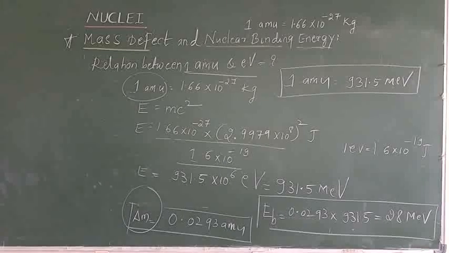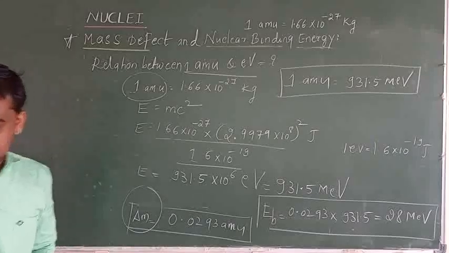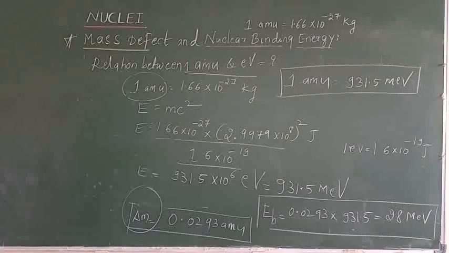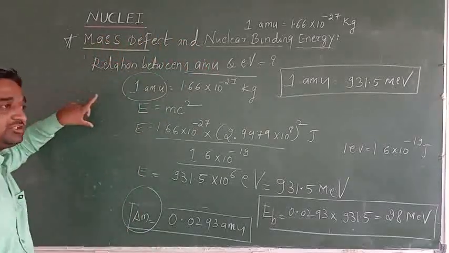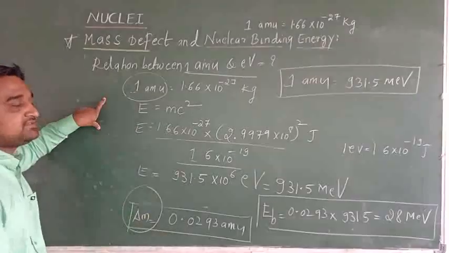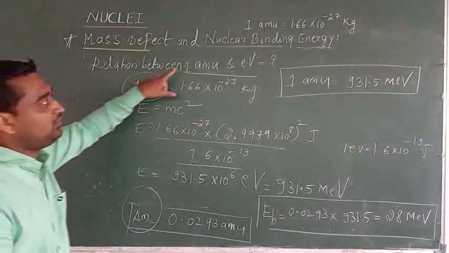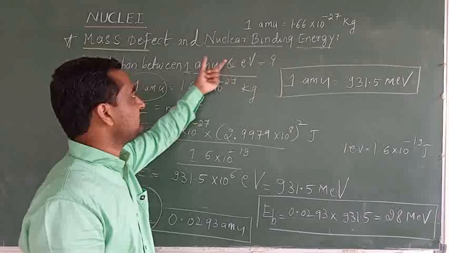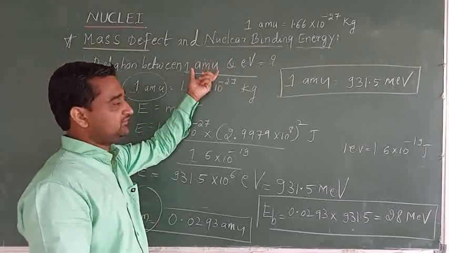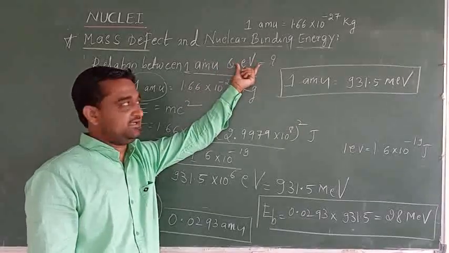So with all these discussions about the Einstein mass energy relation, then mass defect, then what is the nuclear binding energy, and the calculation of mass defect taking an example of the helium nucleus, and the relation between 1 AMU in terms of the electron volt in terms of energy, that is the relation between the units of the mass, AMU, and the unit of energy, electron volt.